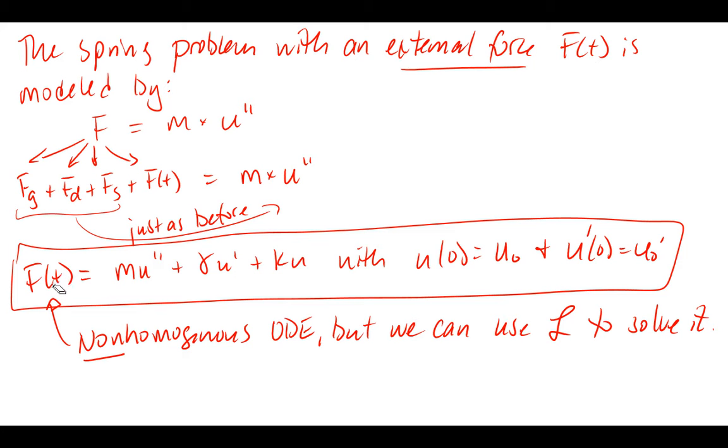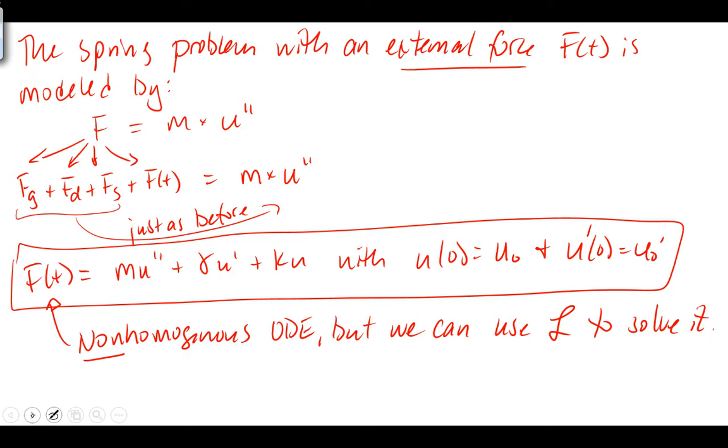And in fact, in real life, those often are the f of t's that we actually care about more than traditional math nice functions. So it's important for us to be able to revisit this model, and since the step function and the impulse function are almost made for physics kinds of problems, it makes sense that we would throw them in as f of t's and see what it does to our familiar model.